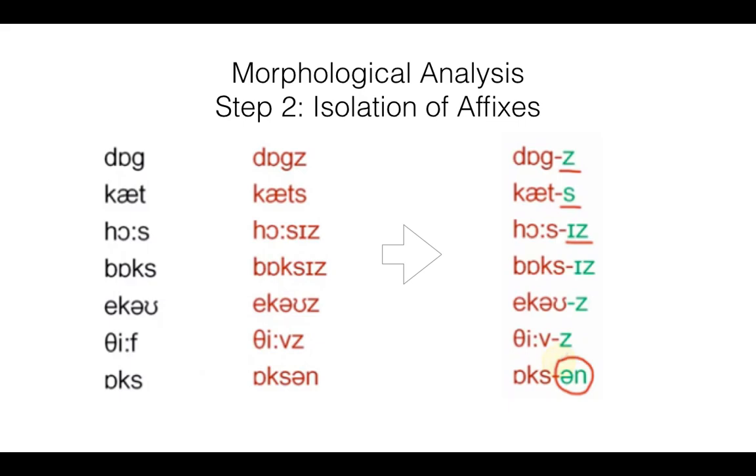You can take one example of Z, not two. Instead of taking all the examples for the pronunciation of Z, take one, and the same thing for E's. You can take dogs, cats, horses, and oxen.